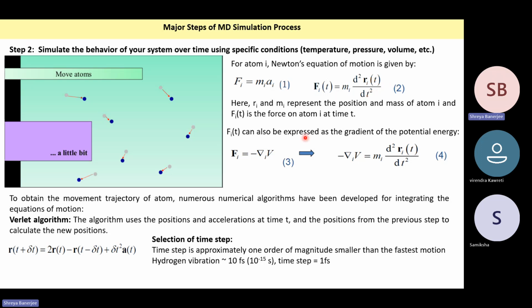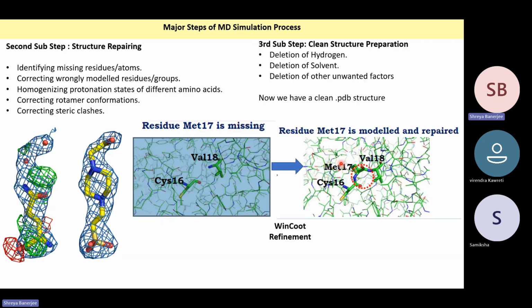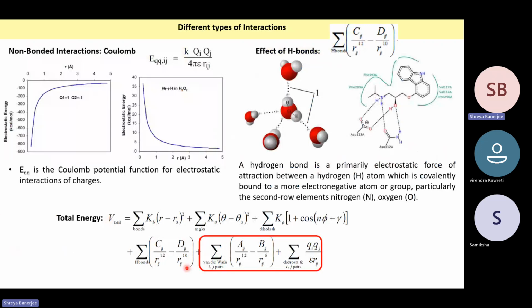So we are combining equation 2 and 3 to write equation 4, where the negative gradient of potential energy is basically the mass of the particle times the acceleration of the particle, which is given by the double differentiation of the position of the particle. To obtain the movement trajectory of atoms, you have algorithms built into the software which will integrate all these equations. The left-hand side term, the potential energy, is already being calculated by this entire energy equation.